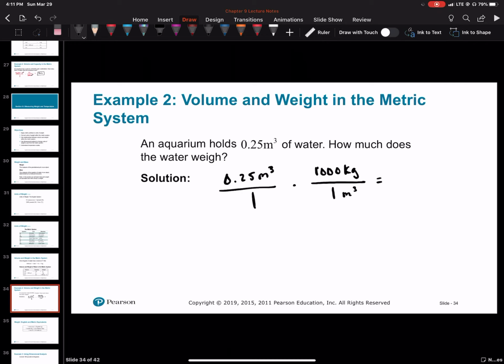All right. As you know, the cubic meters cancel out. So therefore, you will just have 0.25 times 1,000. And this would be in kilograms.